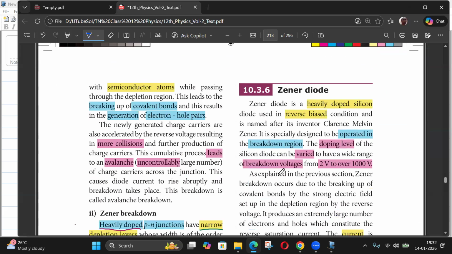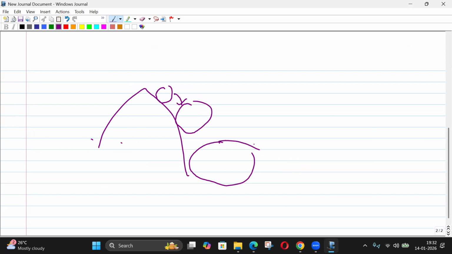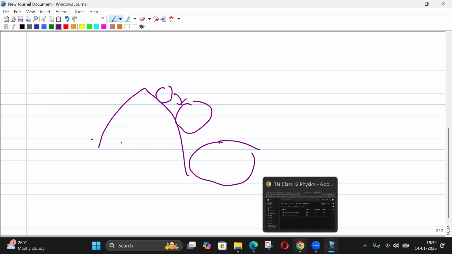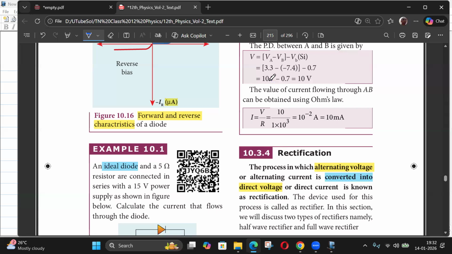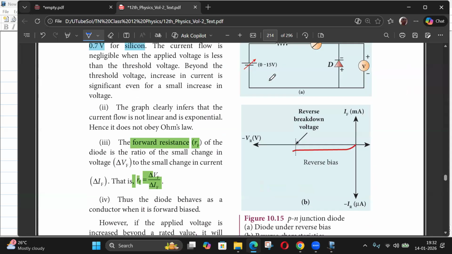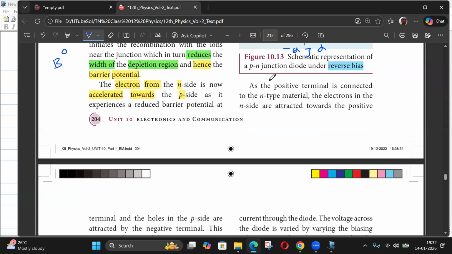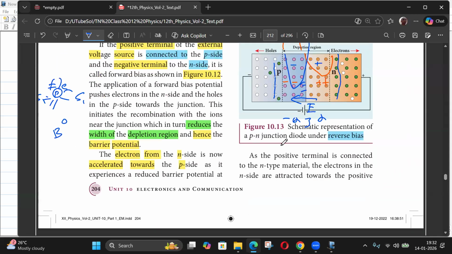Another meaning of avalanche: the general meaning of avalanche is, suppose this is a mountain, and there is snow here. When it rolls down, it will become more and more snow. The size of the snowball will increase. So this is called avalanche. Only here, when the breakdown happens, it will break a few covalent bonds, and then the new electrons and holes will break further bonds.